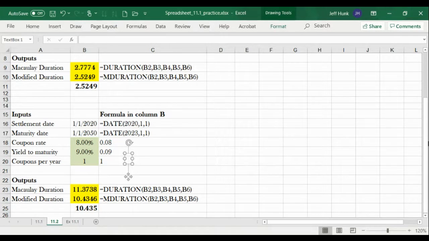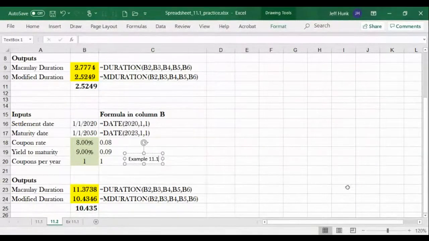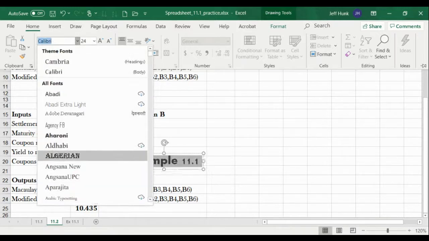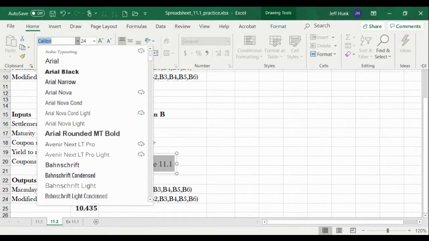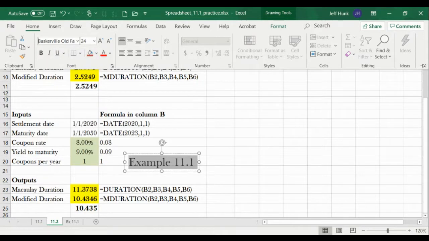I will call it example 11.1 and give it a nice font, make it bigger and something that looks okay.